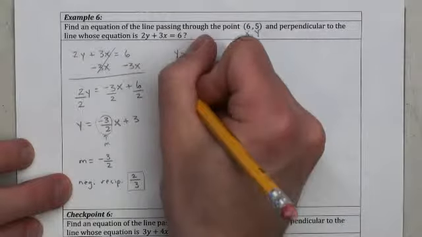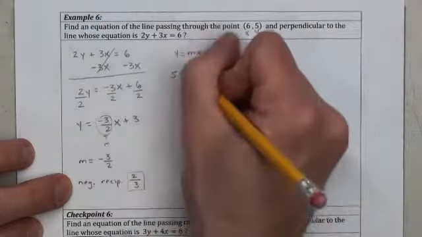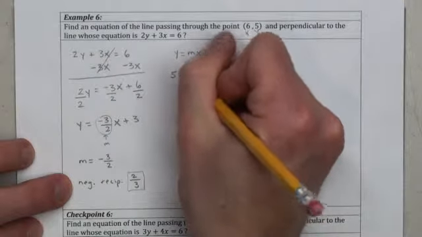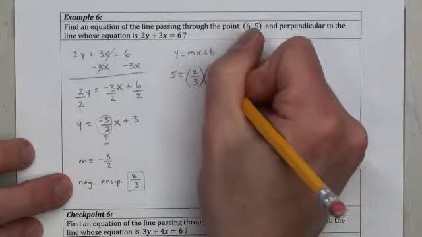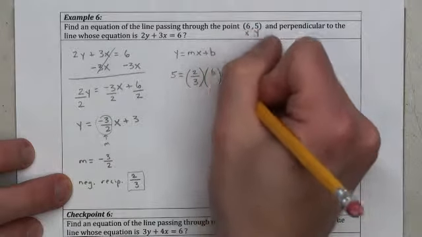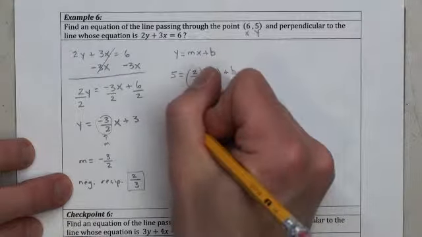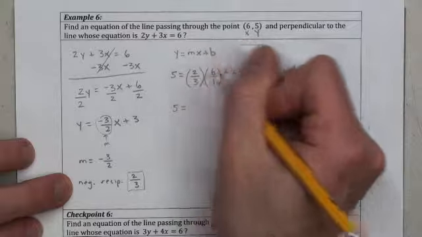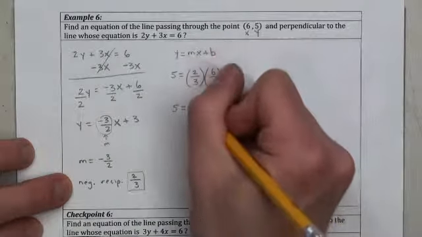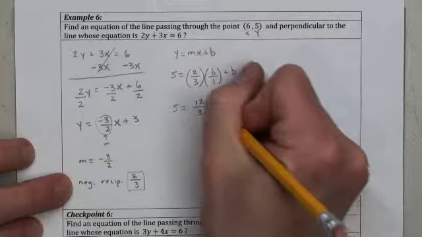So I have 5 equals 2/3 multiplied by x, which is 6, and then plus b. So 5 equals, I got to put the 6 over 1 so I can multiply these numbers together. 2 times 6 is 12. 3 times 1 is 3.